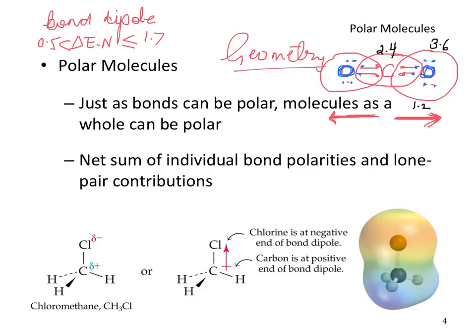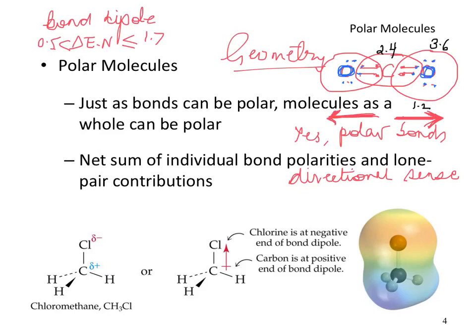So the answer to the question, does it contain polar bonds? Yes, it contains polar bonds. But that does not necessarily mean that the molecule is going to be polar as well. Why? Because polarity has a directional sense, it has a vector effect, the extent of the pull of the electrons by oxygen is nullified by the presence of the other oxygen.